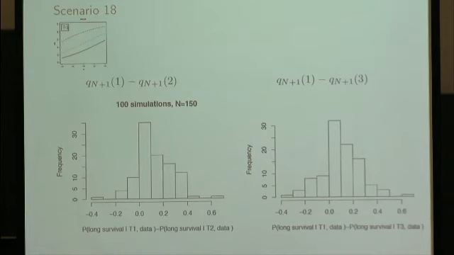These are the probabilities of response, so the higher the better. And the truth is that number 1, red, is the best, number 2 is the second best, and number 3, the black, is the worst. This is the histogram of the difference out of the 100 simulated trials.